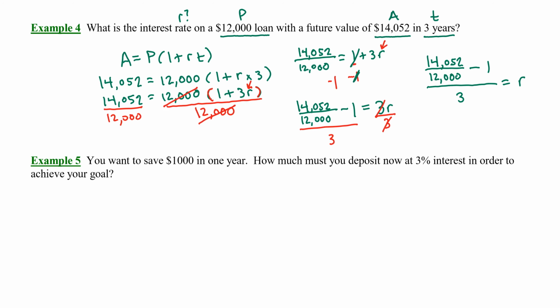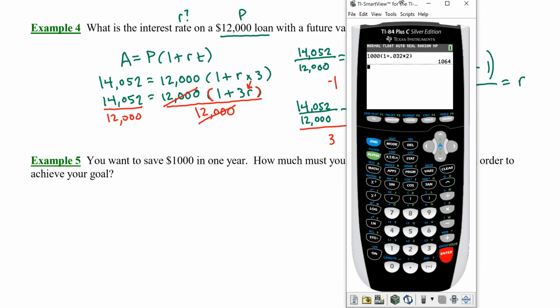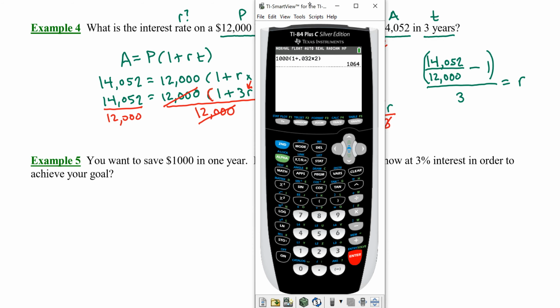Now, I mentioned this in a previous video, but notice we have a fraction that contains an operation in the numerator. In order for our calculator to correctly evaluate that, we have to get that operation in a set of parentheses. It's not written there naturally. We have to know to put that set of parentheses in there. Okay, here we go.